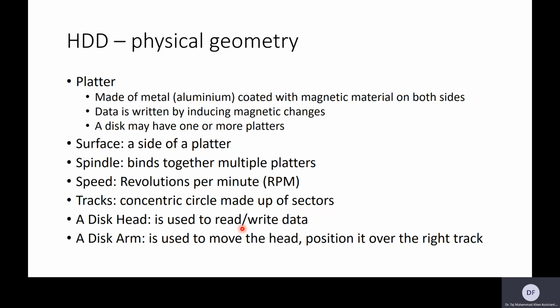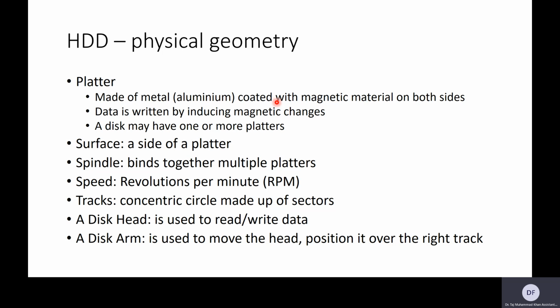Okay? So a hard disk is composed of different platters. A platter is a circular metallic plate, which is made of some metal, for example, aluminium, and it is coated with magnetic material on both sides.